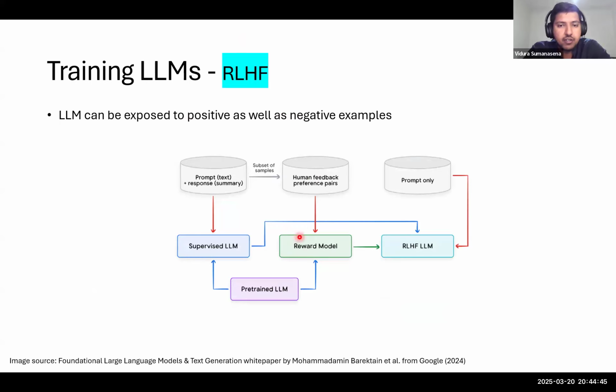So here is how RLHF works. Basically you have the first pre-trained model, the model that you get out of training on the internet data, and you train it on the hand-curated data set, the supervised model, using SFT.